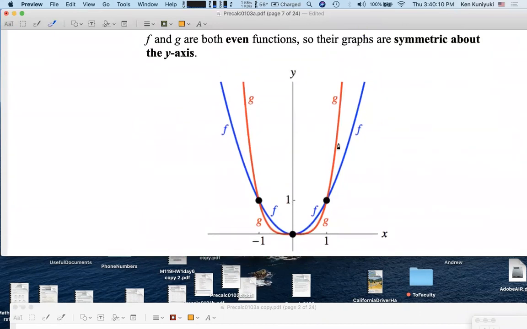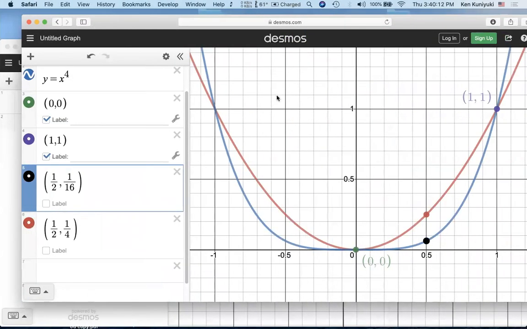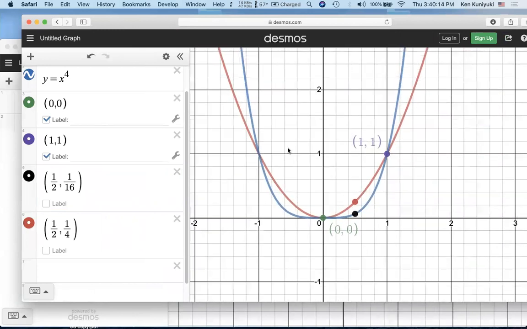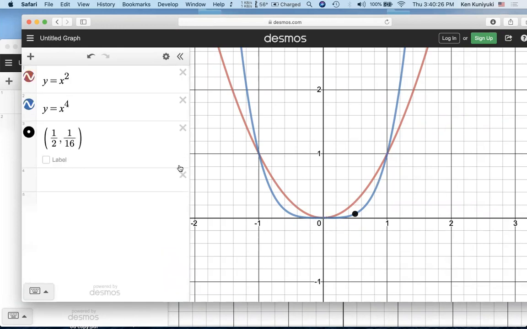So in general, going back here, the x to the 4th graph is steeper out here compared to the red graph, but it's flatter near the origin. What about y equals x to the 6th? How's that compared to both these guys?